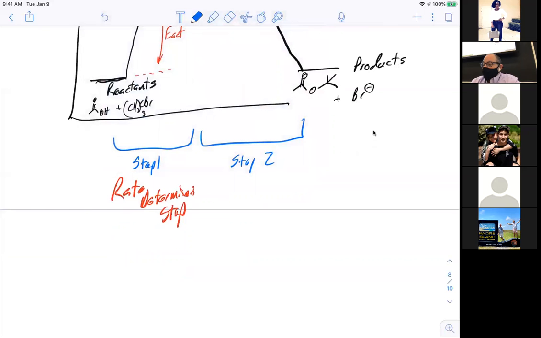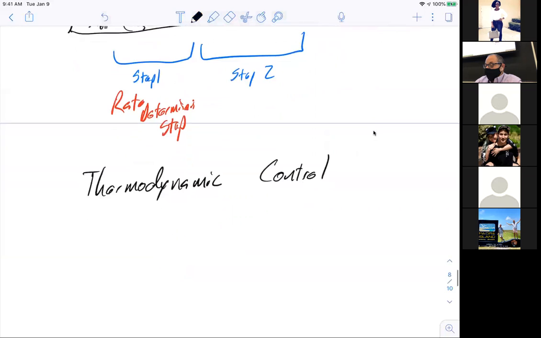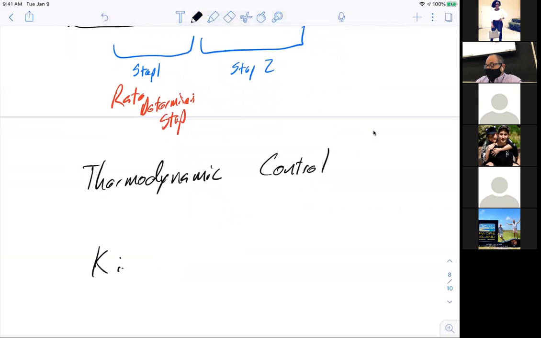And we're almost out of time, so we'll segue into this last part, which is thermodynamic. And we'll be using these terms over and over again during the semester.